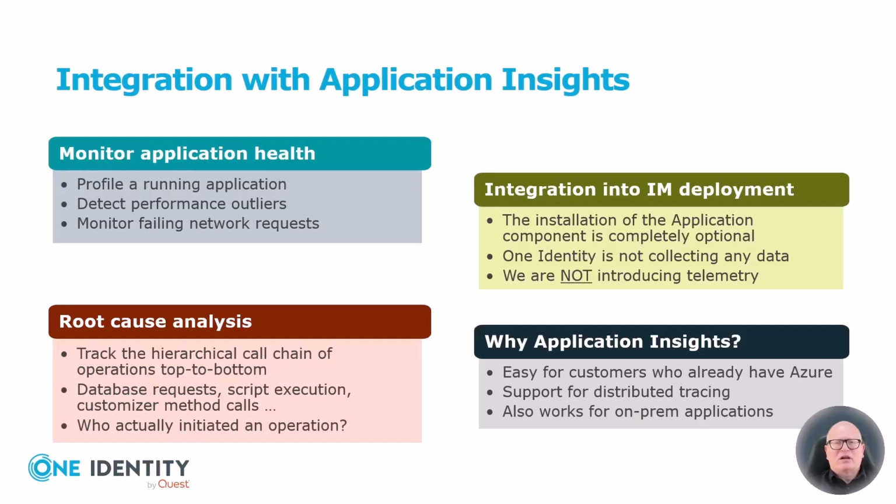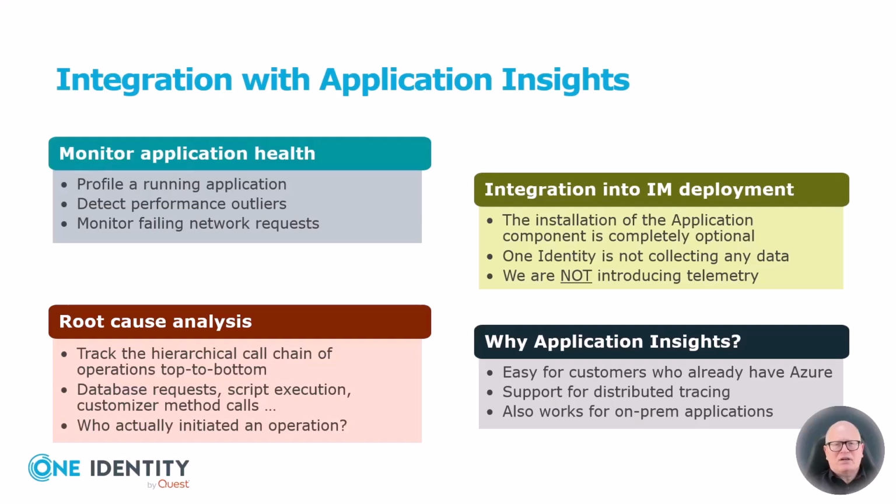This is not phoning home. So that means not that One Identity now collects your data or gets information about your running application. This is a local thing that is just for you in your environment, in your system maintenance. So not introducing any type of telemetry.